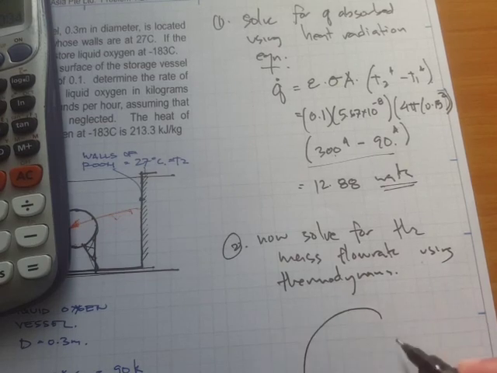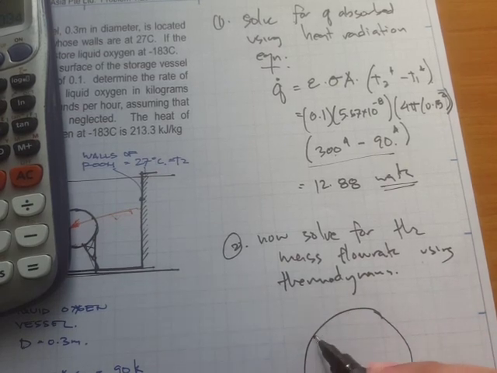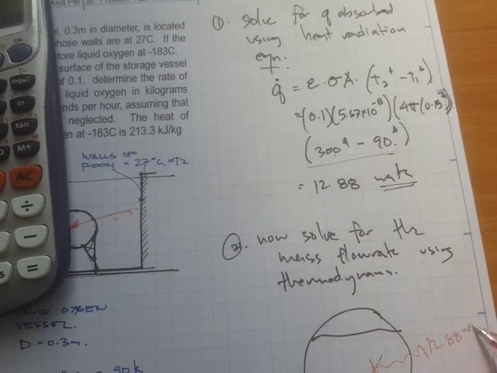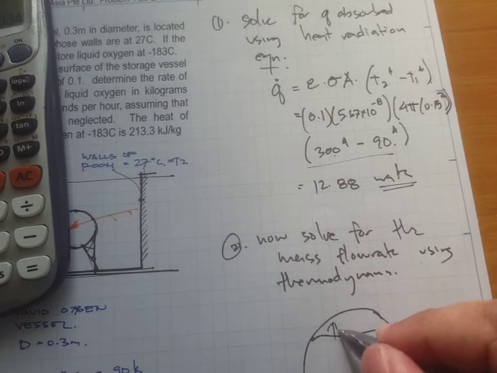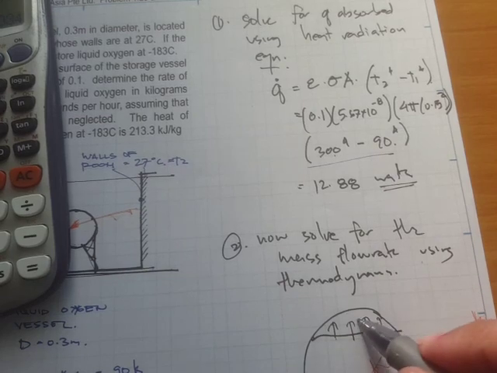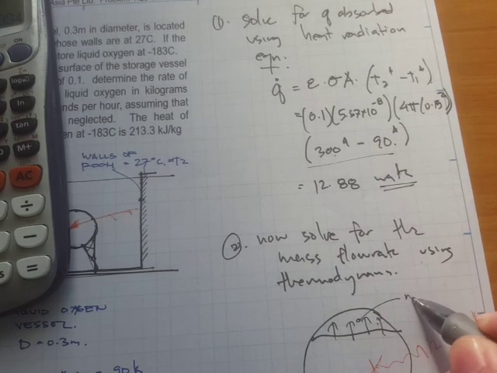We have this vessel right here, and let's say we have this liquid oxygen, and heat enters this at 12.88 watts. Because of that, there's going to be evaporation of the liquid oxygen. So what's going to be the mass flow rate of this evaporation?